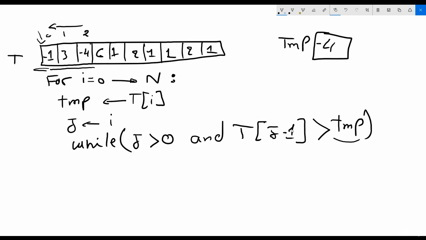Right? So we have to push the TMP to the left, and the T of j minus 1 should be pushed to the right, okay? So let's push it to the right. So T of j takes T of j minus 1.